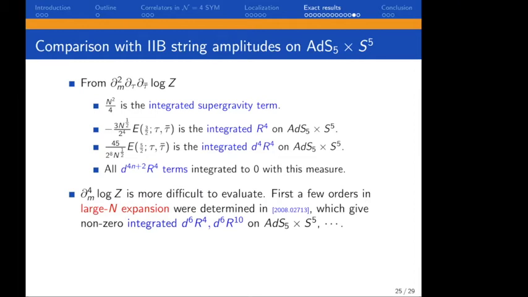So to get a non-zero result for, say, D6 R to the 4 or D10 R to the 4, sorry, it's D10 R to the 4. I don't know why I wrote that. Sorry, D10 R to the 4. It turns out one should consider the other integrated correlator: you take the partition function and take 4 mass derivatives on that.